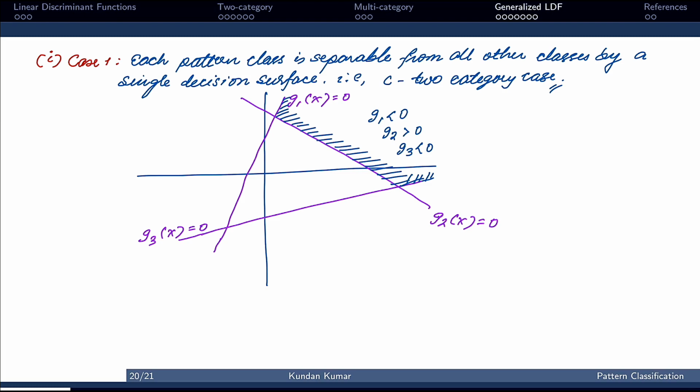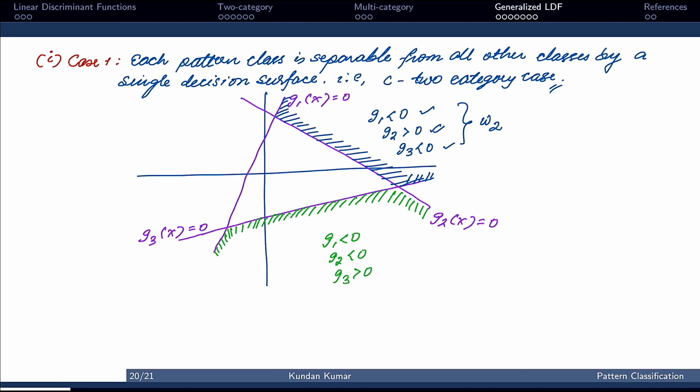In this region, g2 is greater than 0 and the other two discriminant functions are less than 0. This region is assigned to class 2. Similarly, in this region g1 is less than 0 and g2 is less than 0, but g3 is greater than 0.